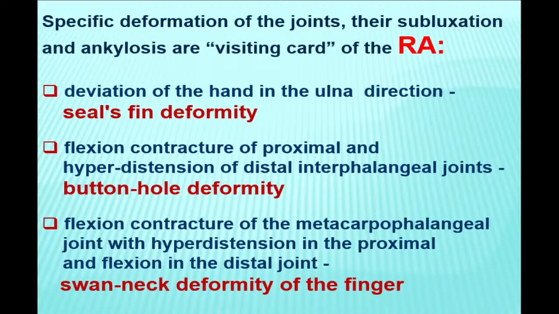Swan neck deformity of the finger: the contracture is a complete loss of elasticity of the ligaments, and joints become immovable. Flexion contracture of the metacarpophalangeal joints with hyperextension resembles swan neck deformity.